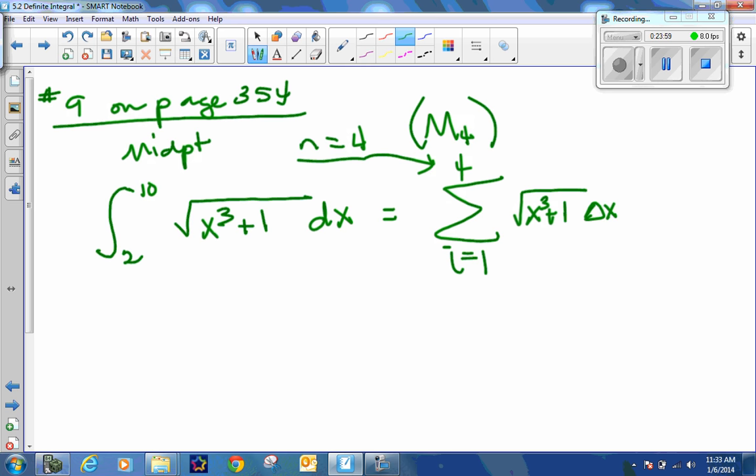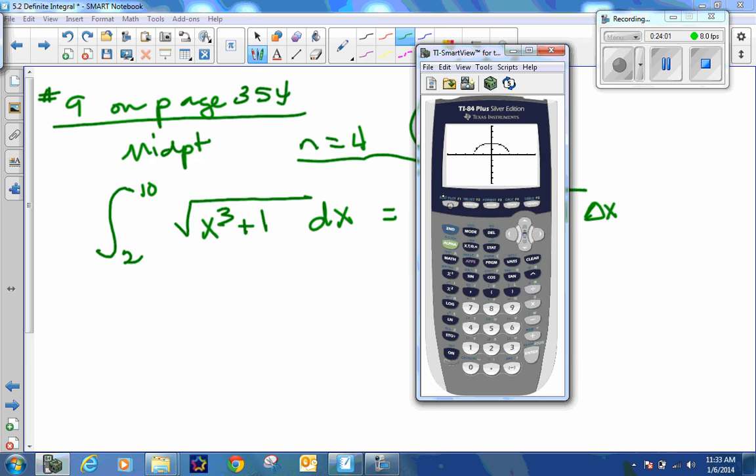We want to pull it up on the calculator. I always like a visual, you know. Square root of x to the third plus 1. Okay, graph it.